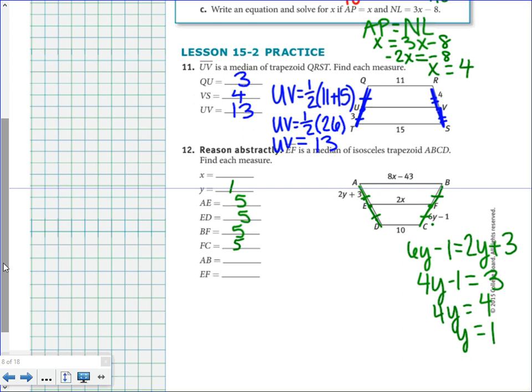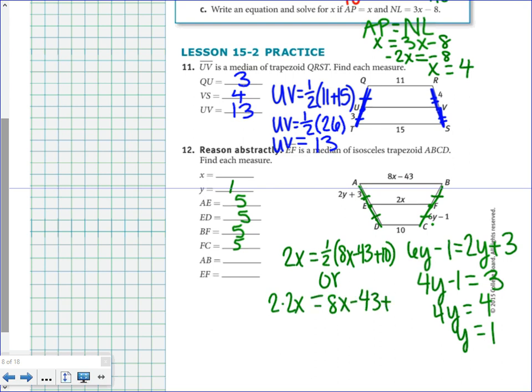Looking at the x values, our median is 2x. It is going to equal 1/2 of 8x minus 43 plus 10. Or you could say 2 times your median equals your 2 bases. Either equation is going to work.